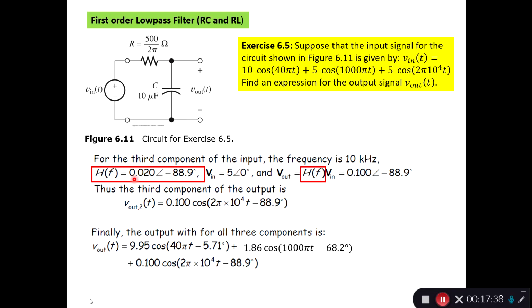That's actually 0.1 volt. And then I get minus 88.9. That means the third component here has an output of 0.1 cosine 2π times 10 to the 4th minus 88.9 degrees.